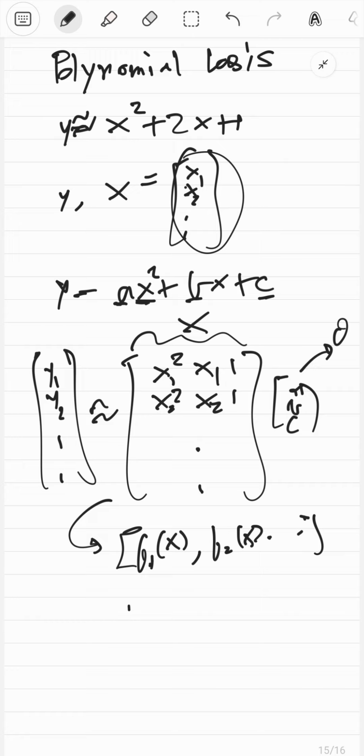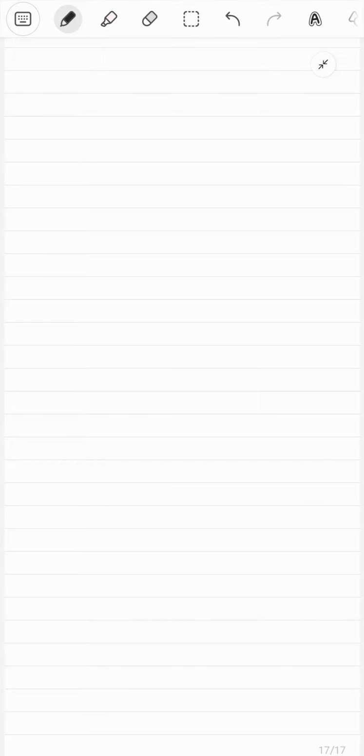Another very important basis is called the Fourier basis. You just apply all sorts of sinusoids on your x, and that's how it is. So fi of x is just sine of omega x, essentially.